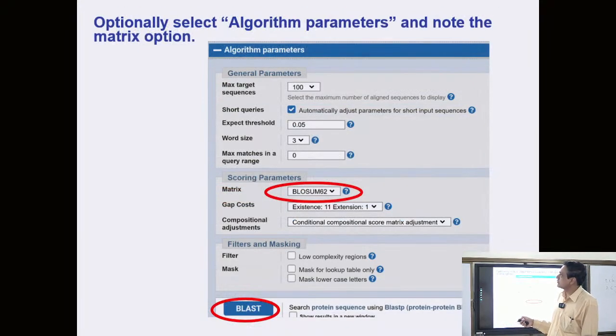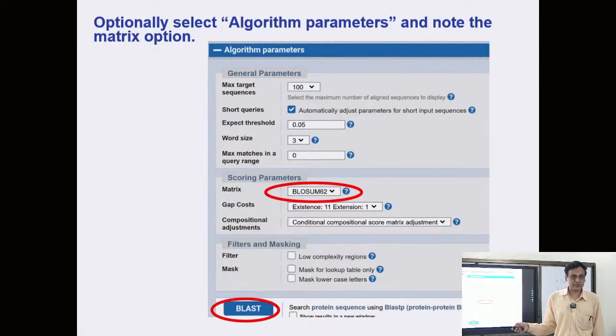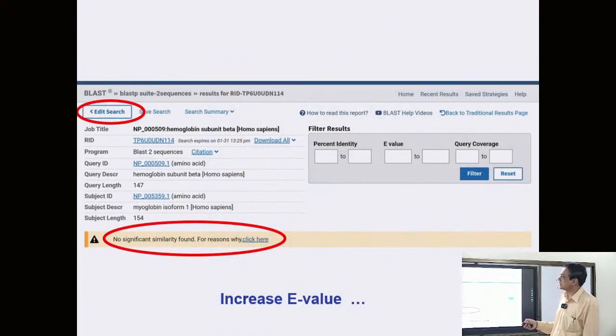You would also want to check the algorithm parameters, and these are the default values. You may not want to change them unless you have an understanding of these parameters and the reason why you want to change them. In most of the cases, if you do not know, you can use the default setting. So, and then BLAST. When I did this, it said that no significant similarity found.